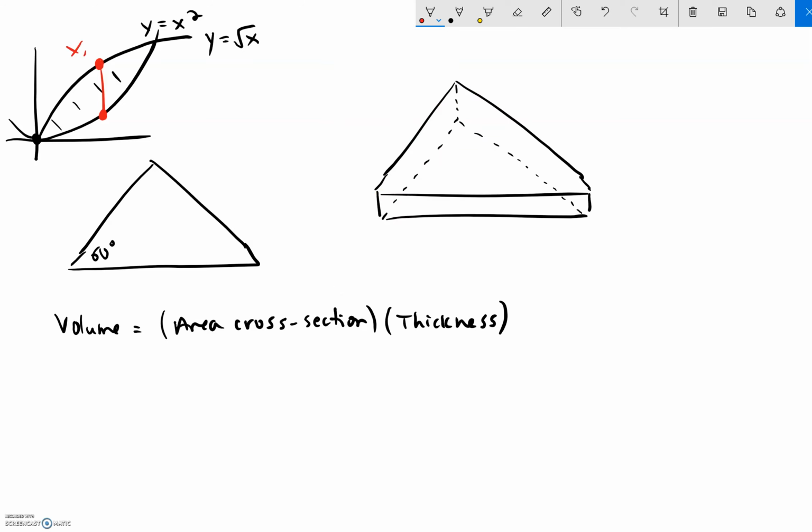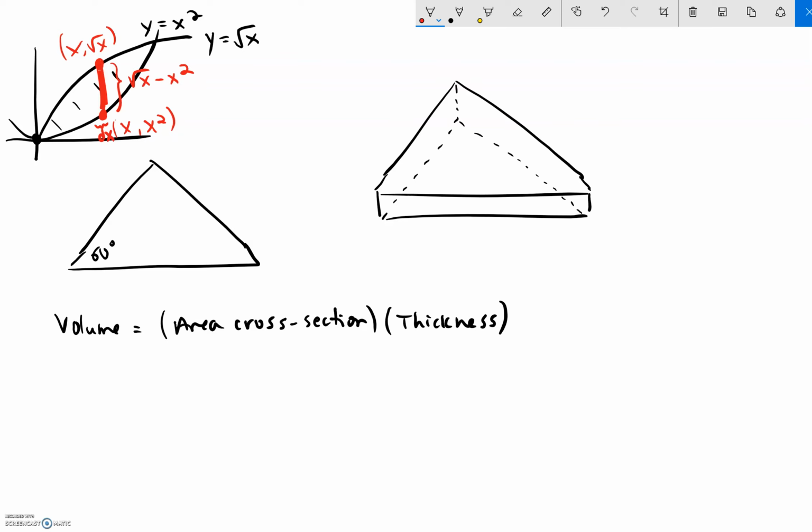This is x comma square root of x. This point right here is x comma x squared. Again, remember when we name arbitrary points, we typically call them x comma y, but you can't name both of those points the same name because they have the same x value, but their y values are different. This distance right here is going to be the top y value minus the bottom y value. And again, if I give some thickness to this, then that's going to be a change in x.